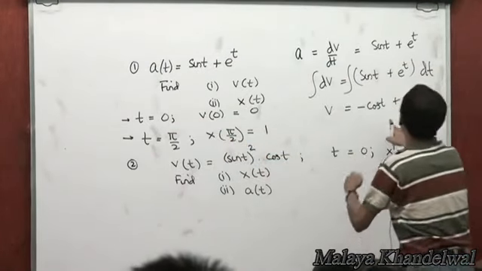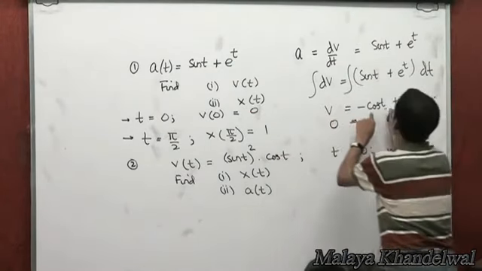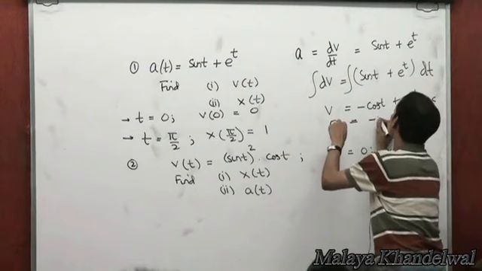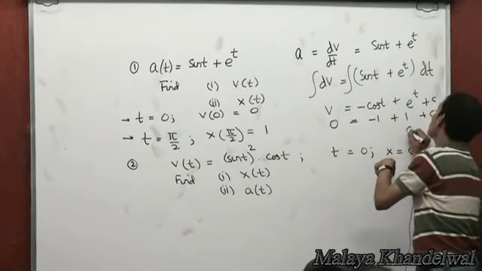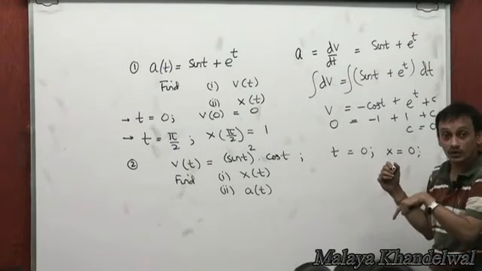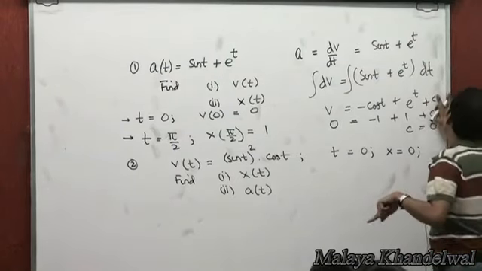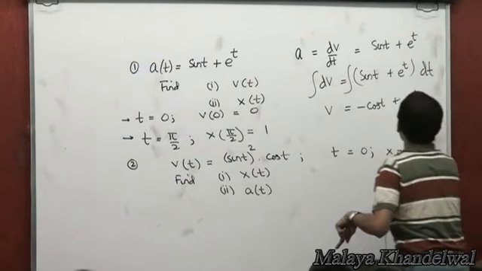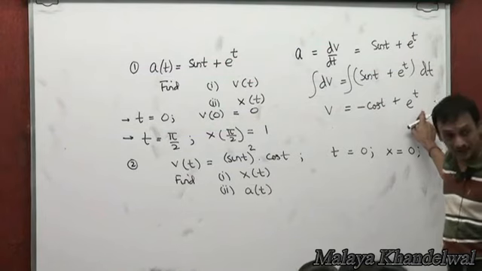At t equal to 0, v is 0. So put t equal to 0 and v as 0. Cos 0 is 1, so minus 1. E power 0 is 1, plus c. So c is 0. All of you got this right? So I get velocity as a function of time: v is minus cos t plus e power t.